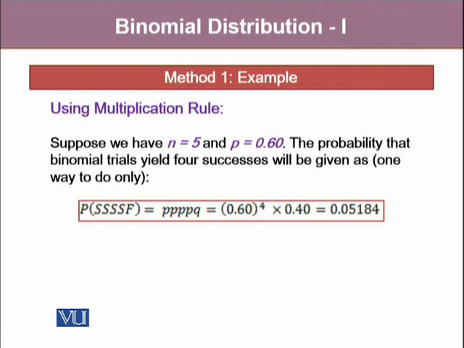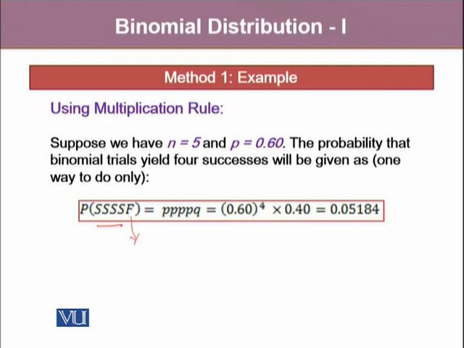Then the probability that the binomial trials yield 4 successes will be given as the probability of SSSSF, where the first 4 S's represent 4 successes, and the last F represents the 5th failure.